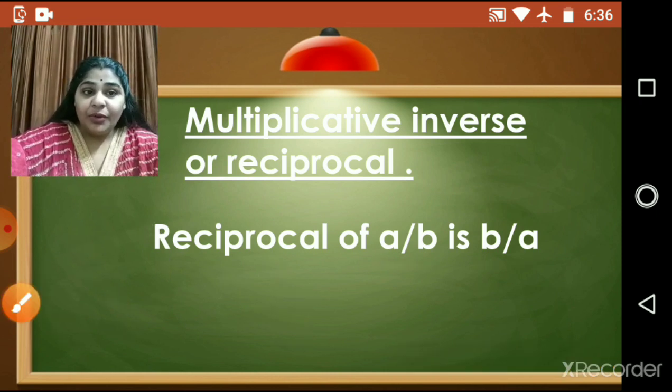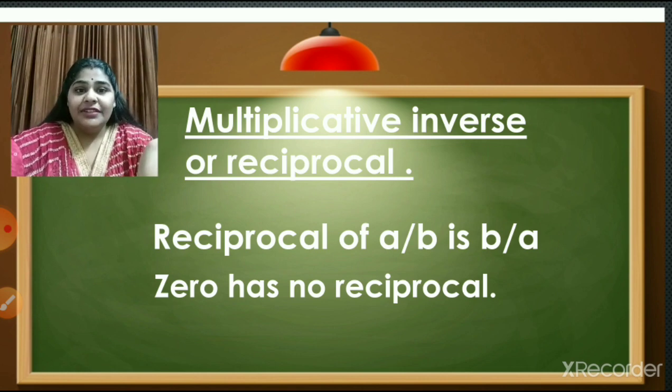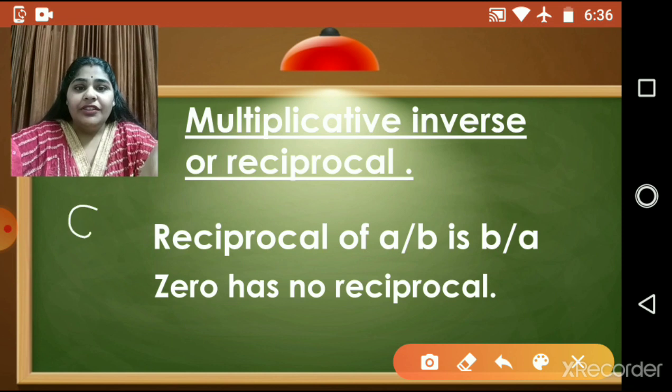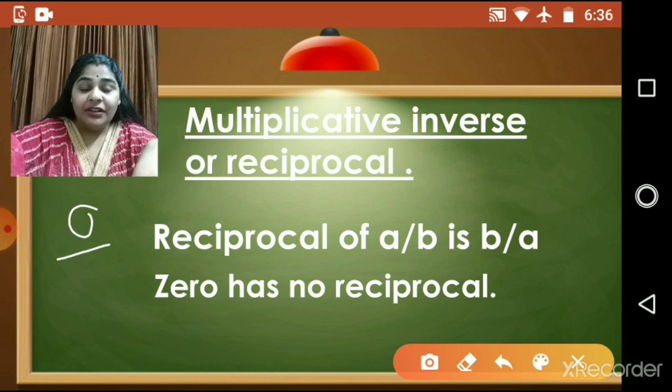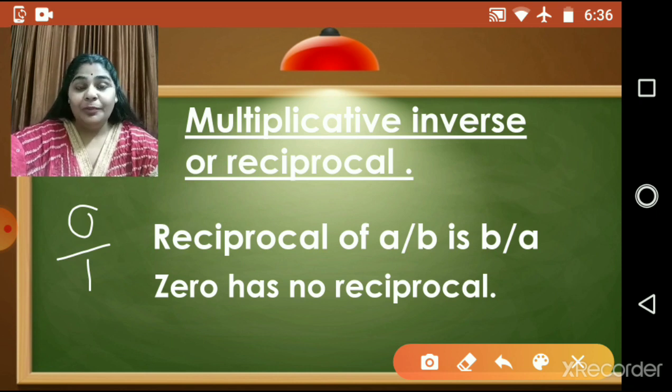It is very important, children. And one more very important thing to note down is that 0 has no reciprocal. Now why does 0 have no reciprocal, children? Suppose I write 0. In rational numbers it is 0 upon 1, because a rational number is always in the form of p upon q.